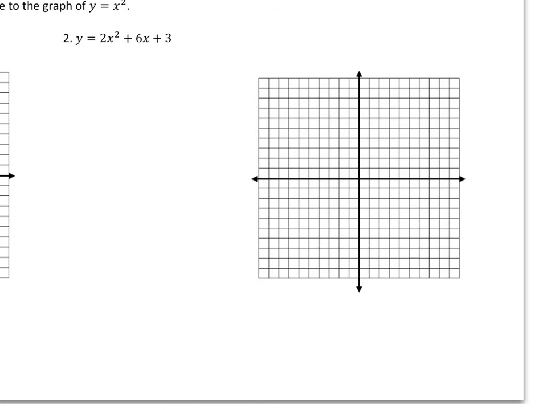You have y equals 2x squared plus 6x plus 3. So x equals negative b divided by 2a. So you get negative 6/4, which is negative 3/2. So then plug that in.